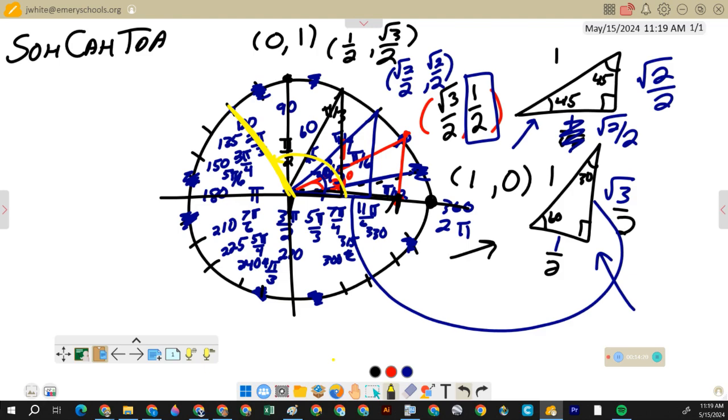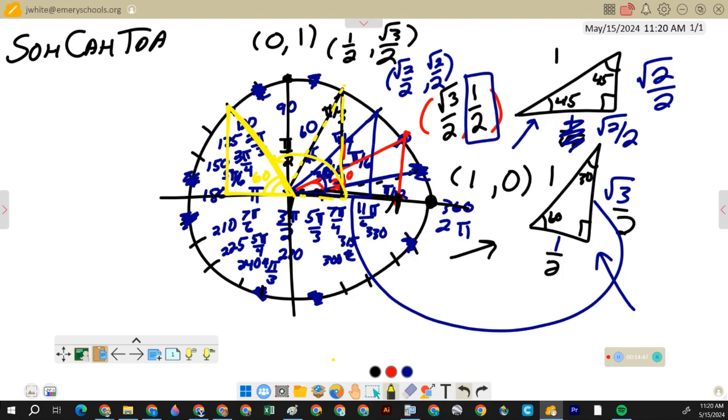No, you can't. However, we can create what we have referred to before as a reference angle. So I'm going to build the triangle here. How big is the reference angle? It's going to be 60. Right? It's essentially the same angle that we created there. It's just in quadrant 2.